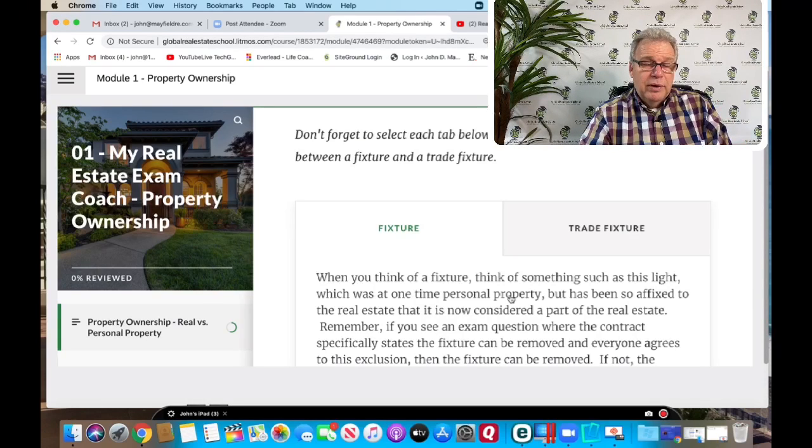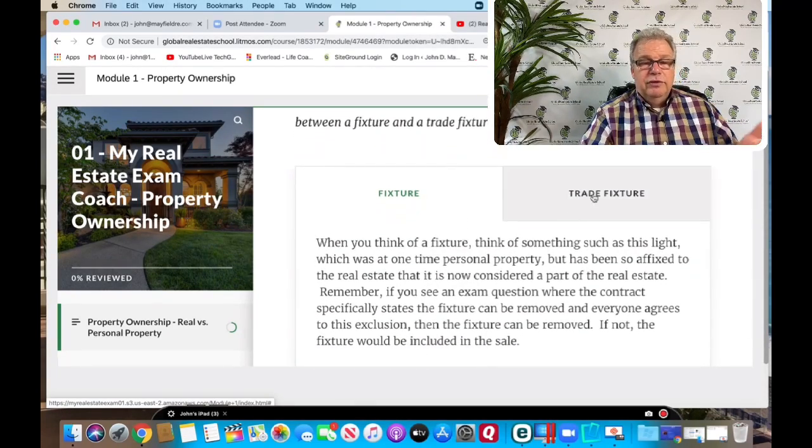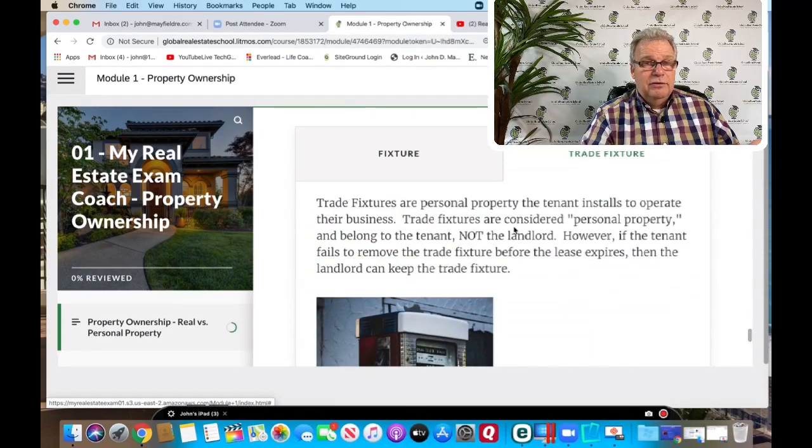Now, we're in property ownership, real versus personal property. This is the first module in this section, and I'm going to continue to go through this entire course, as I've mentioned, every weekday 4 to 5. The next section really wants to know what a fixture and a trade fixture is, and you're going to see this on the examination.